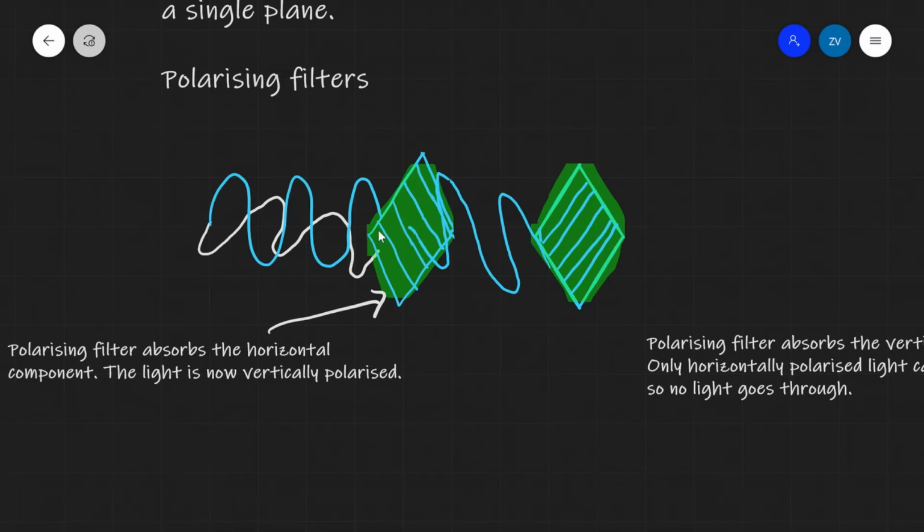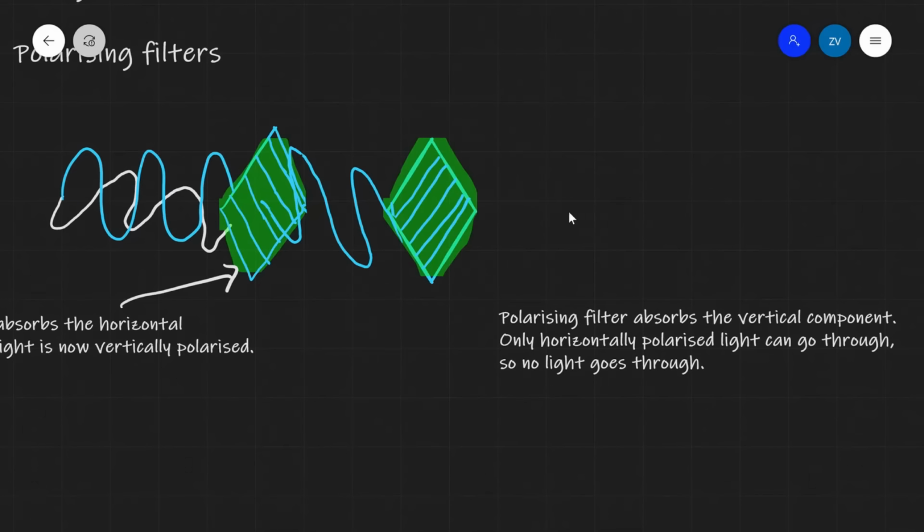When it passes through this polarizing filter, because you can see that we can only let through vertically polarized light, in other words, it will absorb the horizontal component, and the light which leaves is now vertically polarized. If we were to place another filter on this side, then this polarizing filter will absorb the vertical component and only horizontally polarized light can go through.